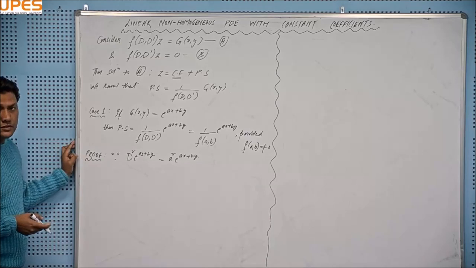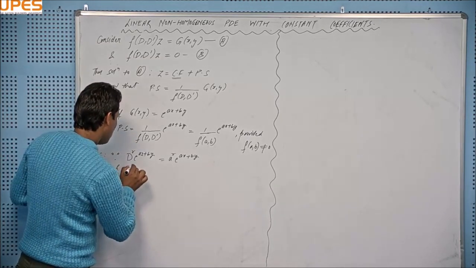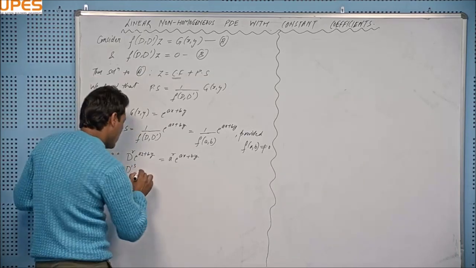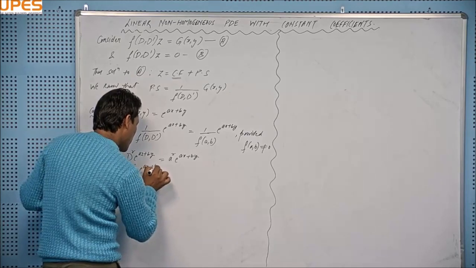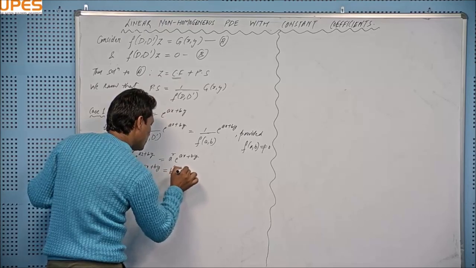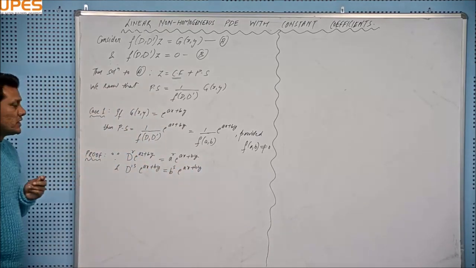That is easy, right? And D' to the power s means derivative with respect to y s times of e to the power ax plus by will be b to the power s e to the power ax plus by, right? You can verify these results by yourself.